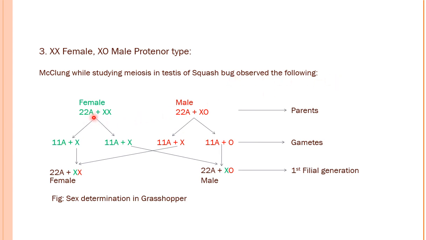He found that in case of females there are 22 autosomes plus XX, and in males there are 22 autosomes and a single X. So females produce the same type of gametes, that is 11A plus X, but males produce two types of gametes, 11A plus X, and the other is 11 autosomes with none of the X chromosome. So when there are 22 autosomes plus XX, it develops into a female, and when there are 22 autosomes and a single X, they develop into a male.